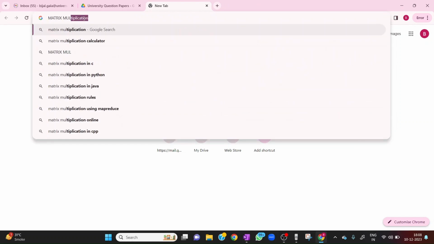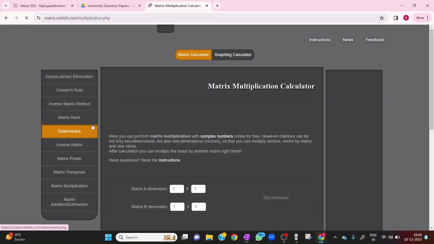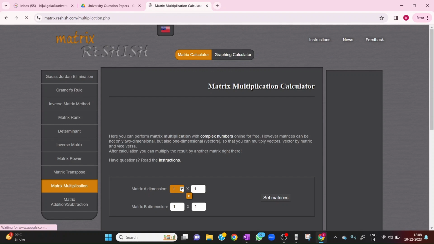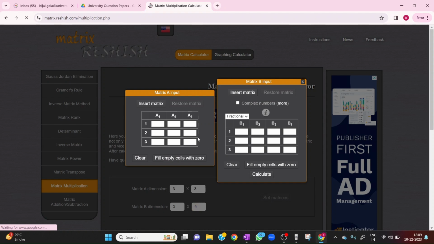You can always do it in your calculator. So I'm going to multiply actually 3 matrices. The first is P. Second is A, which is 3 cross 4. And then I'll multiply this answer with the Q matrix.